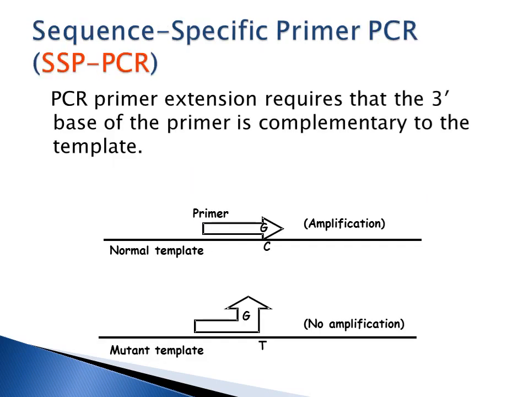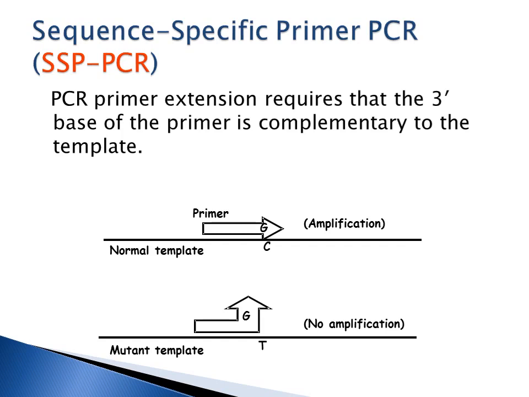Another method is sequence-specific primer PCR, or SSP-PCR. PCR primer extension requires that the 3' base of the primer is complementary to your template. So you have your normal template, you have your primer, and that last base, a 3' base, you have a G, which is complementary to a C that's in the sequence.